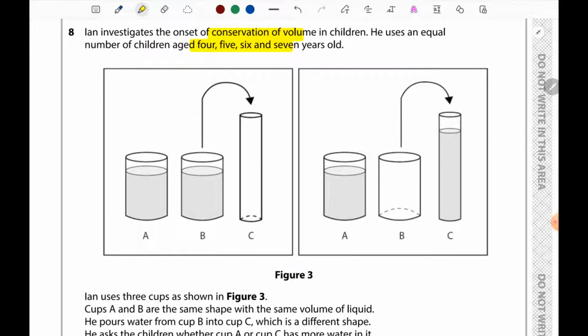In the diagram, we can see the typical Piagetian conservation type of task. So, just again for our own mental estimate, we should see what the figure is about. It shows three cups, like they've mentioned here.